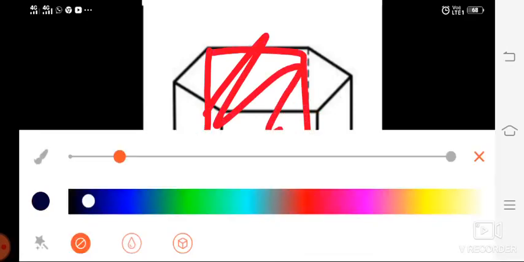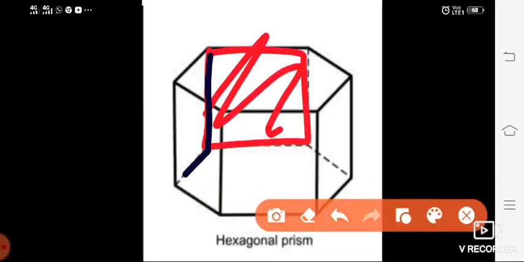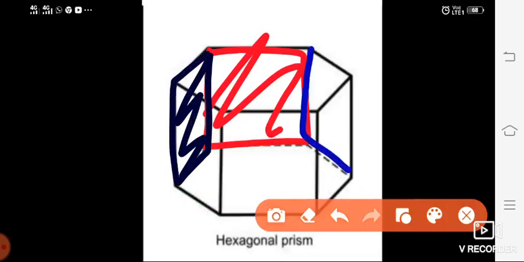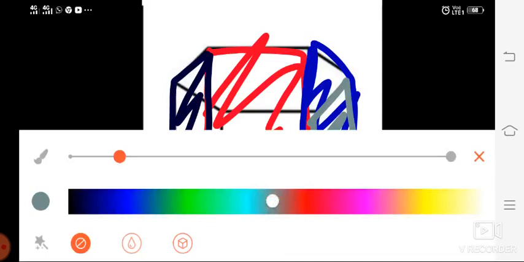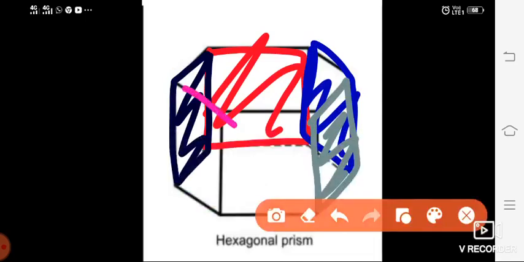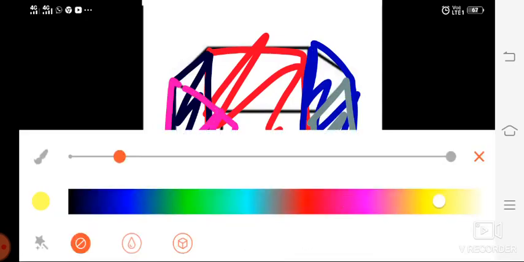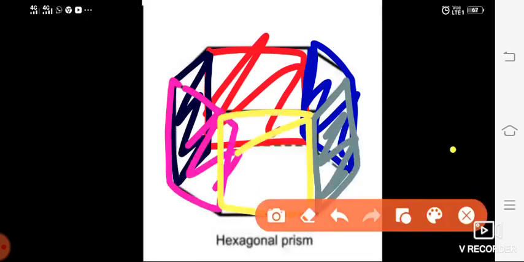Next, second, third, this is fourth, this one here, fifth, and the front one, sixth. So 6 faces are there, standing faces.